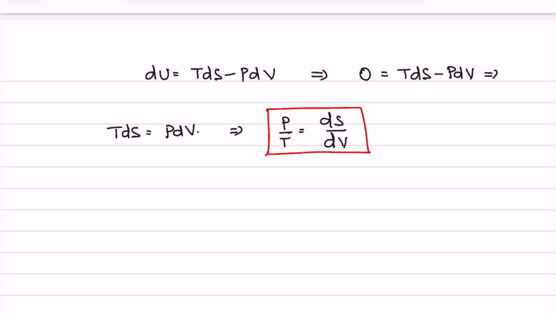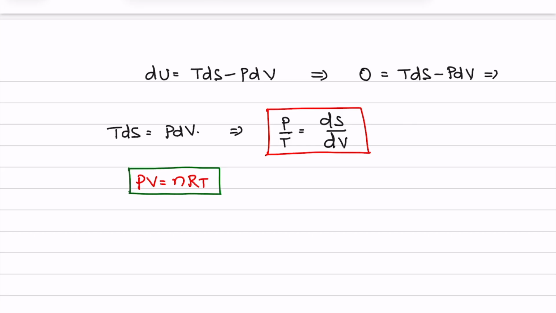But for an ideal gas, PV is equal to nRT, that you are already aware of. That means P is equal to nRT by V. We will replace the P value here. P by T is equal to nRT divided by V divided by T is equal to dS by dV.